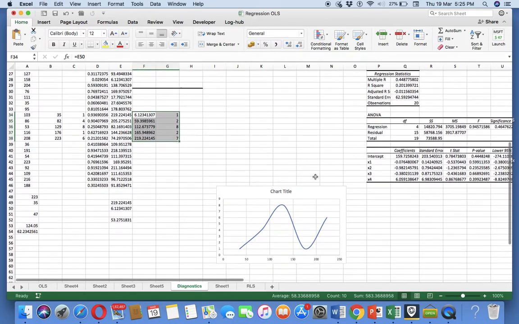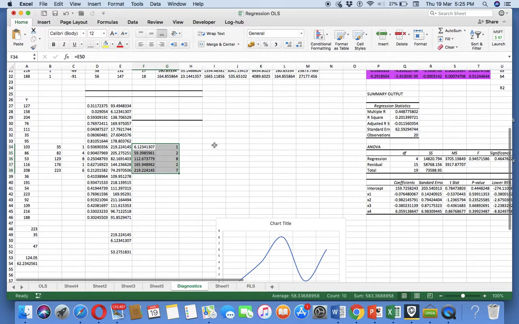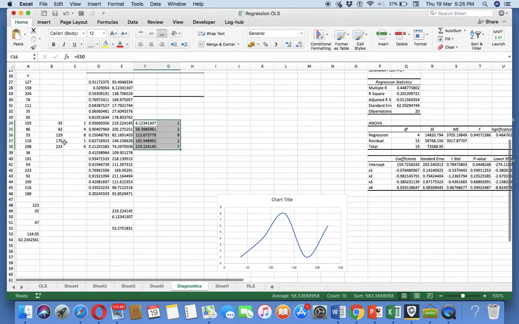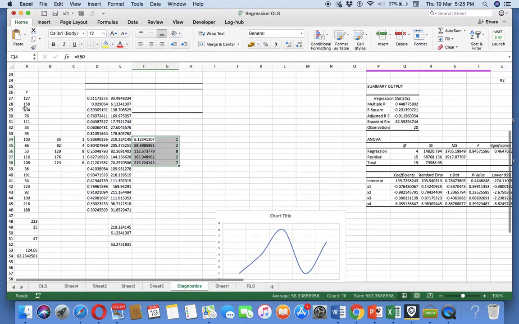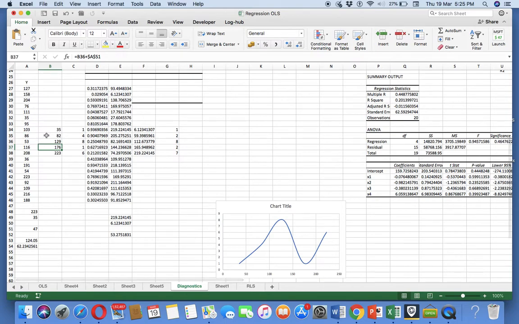I'll have to find out where that mistake is, but it should not give me a frequency distribution of this type. This is the actual data. So this is the frequency.